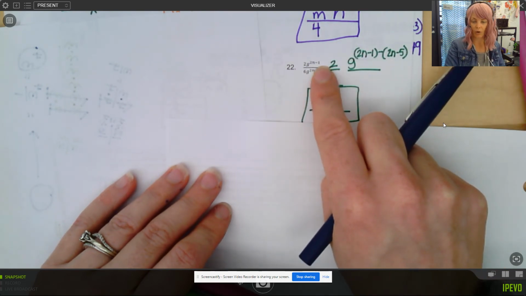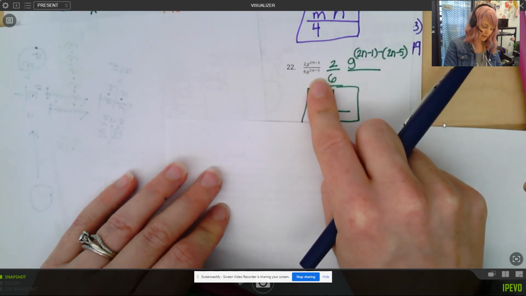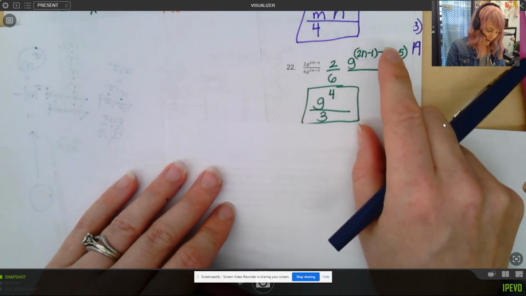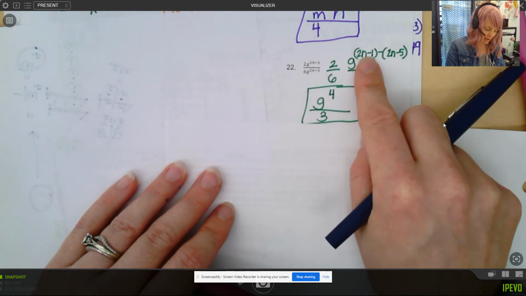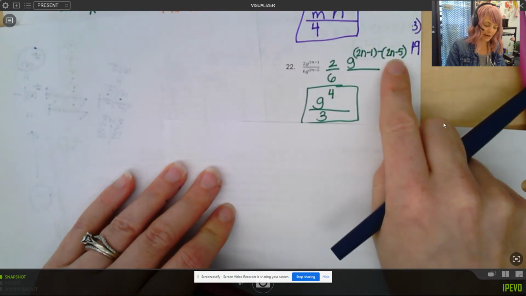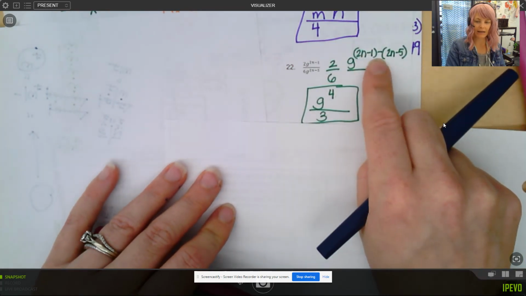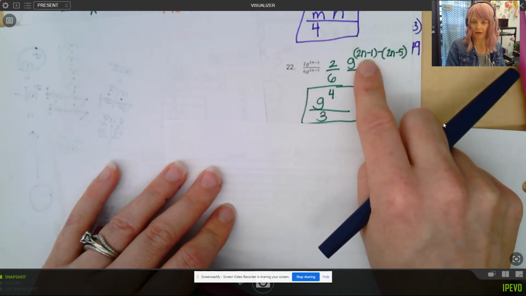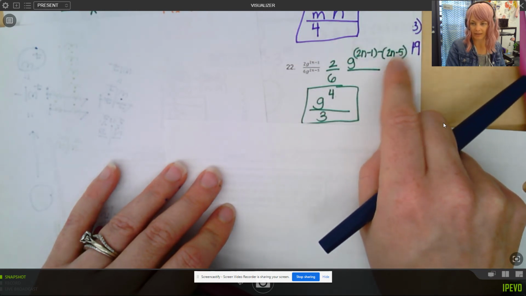The one you subtract 1 from is bigger. So taking a look here, we have g to the 2n minus 1 minus all of 2n minus 5. So the bigger one minus the smaller one. The bigger exponent minus the smaller exponent.